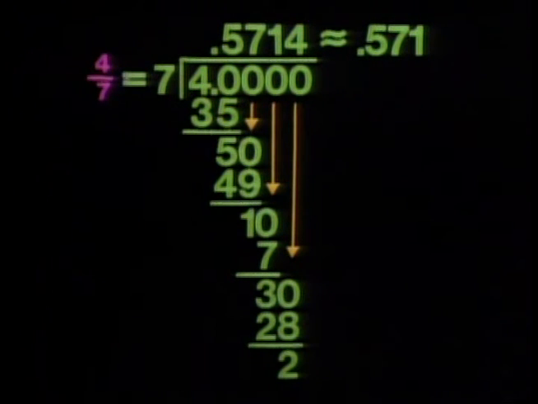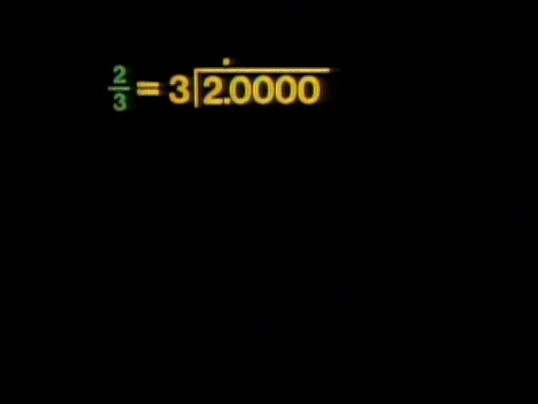Suppose, for example, we try changing 2/3 to a decimal, accurate to 3 decimal places. We write the fraction as a division problem. Place the decimal points, write in some zeros, 4 this time because we want the answer correct to 3 decimal places, and start dividing.